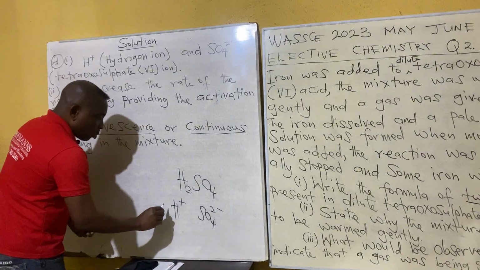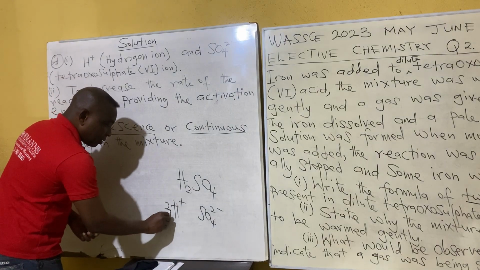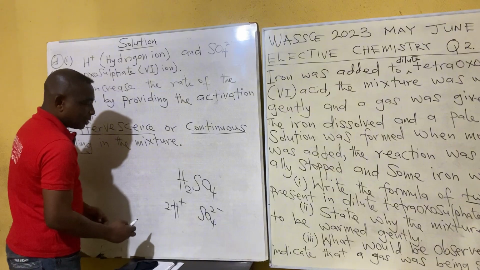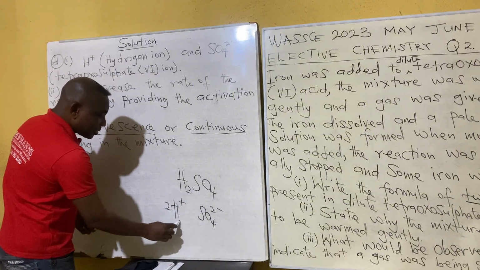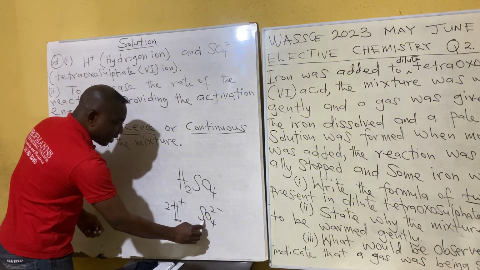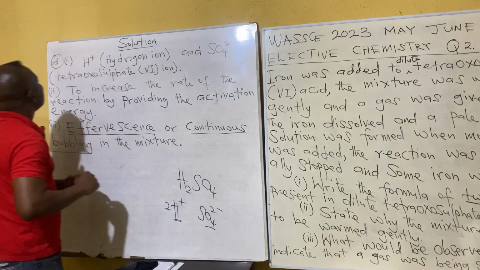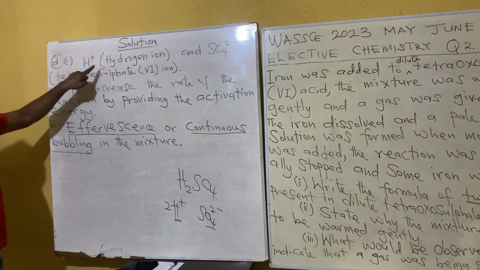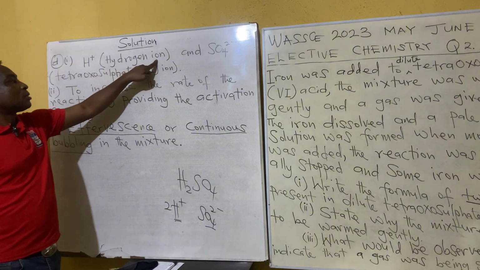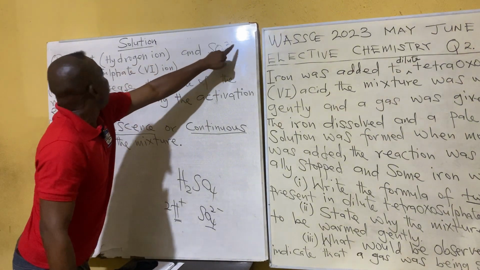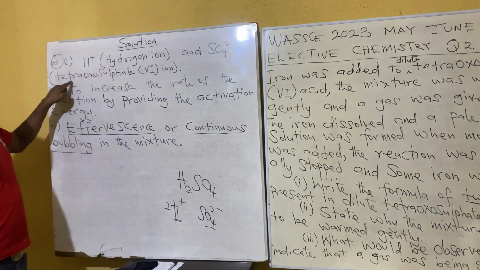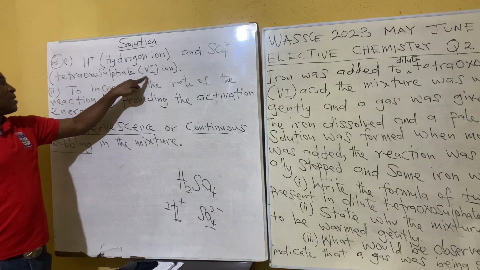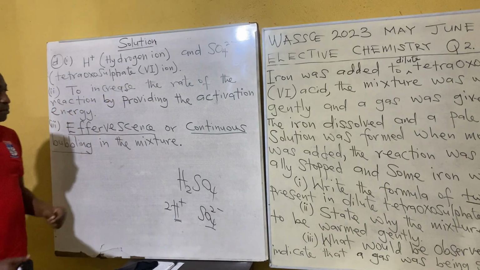So when you balance, it will be this and that. So the ions present are hydrogen ion and SO4 2-. So let's go to the answer. The answer is H+, that is hydrogen ions, and SO4 2-, which is tetraoxosulfate 6 ions.